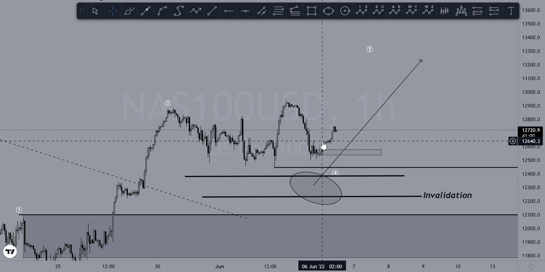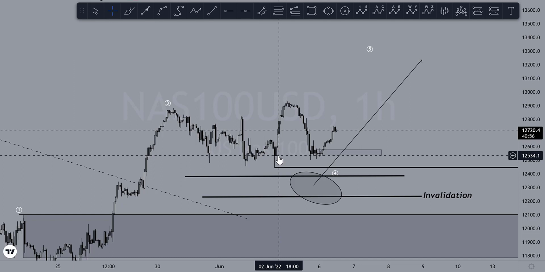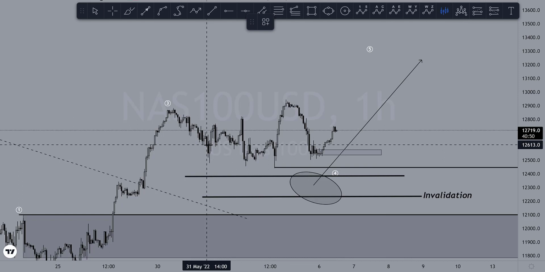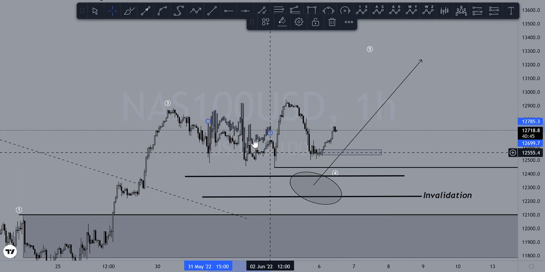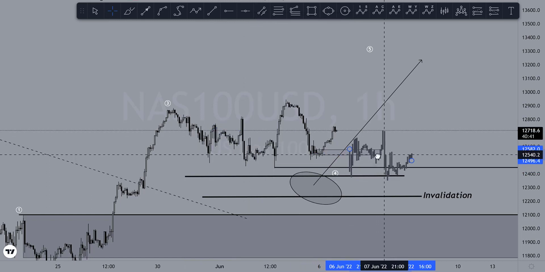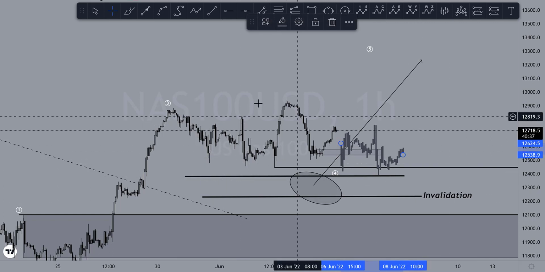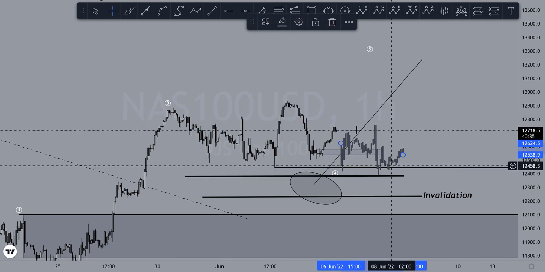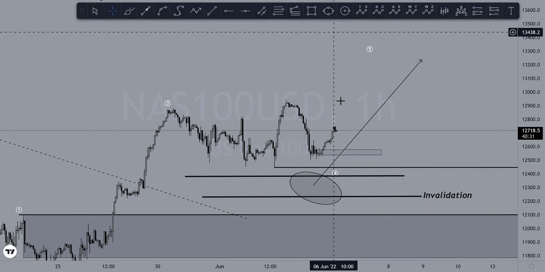Because we are still in a correction, it's not a surprise that you might continue to get this crazy price action to the downside. Let me just take this price action and show you what I'm talking about. You might continue to get something like that coming to the downside, and something like that coming to the downside before we can actually get the bigger buy we've been waiting for.